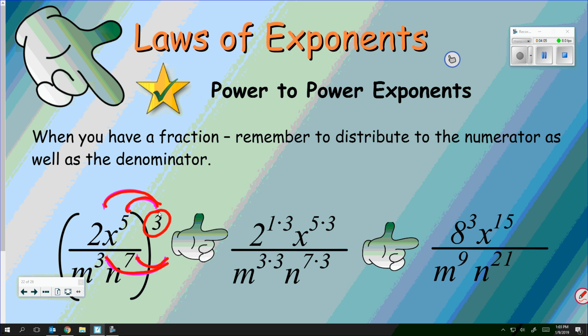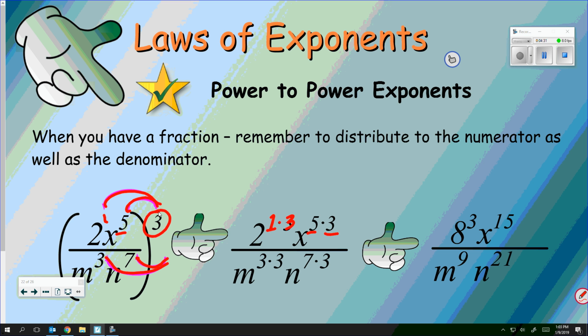So again, if it didn't have a 1, like with this 2, we can write our 1 there. Once we have that, we are now distributing that 3. We have 2, which is to the 1st power times your 3. Then you have your x, which is the 5th power times that 3 that's distributed.